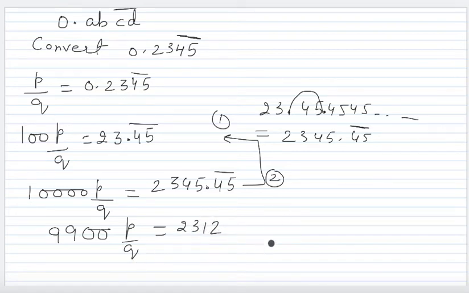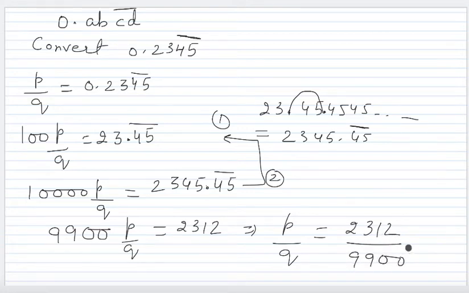So our rational number is going to be P upon Q, and we will take 9,900 in the denominator, 2312 upon 9,900.